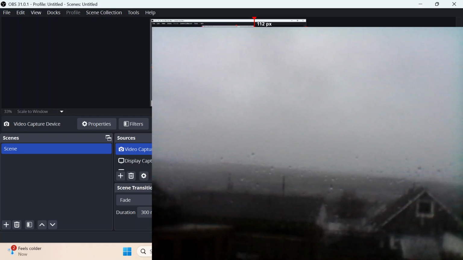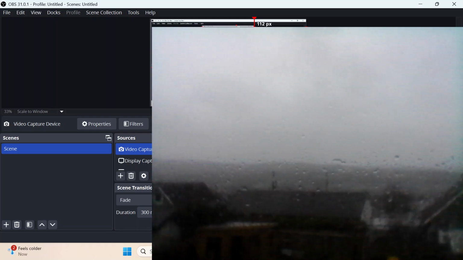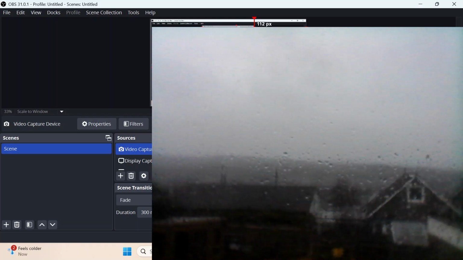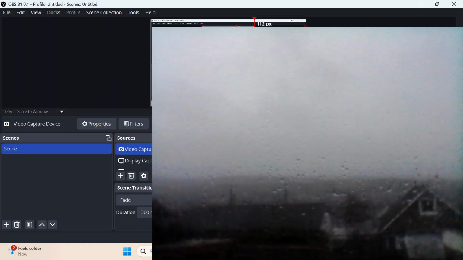Just a very rainy, windy day at the moment. But next week we'll have some more sunshine. But typical day, British weather, really.